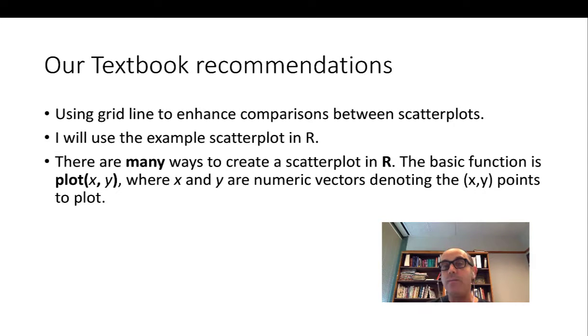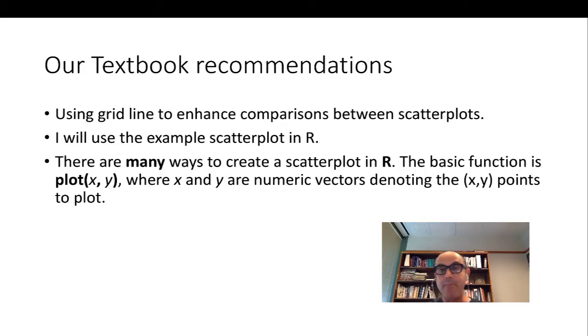Our textbook, when it talks about correlation and regression, talks about using a grid line to enhance the comparison between the scatter plots. In R, there are many ways to do that. So I will use a basic example with a plot of X and Y, and you will see that in your assignment.